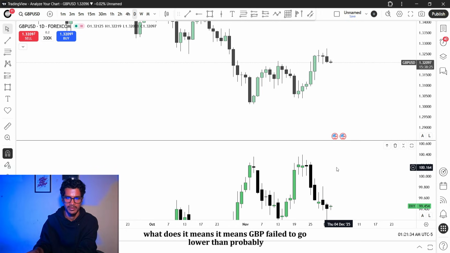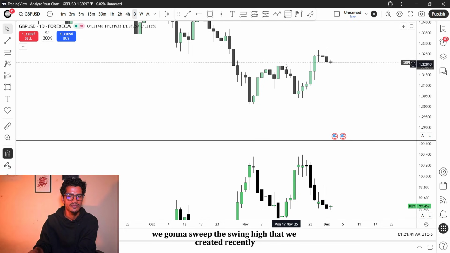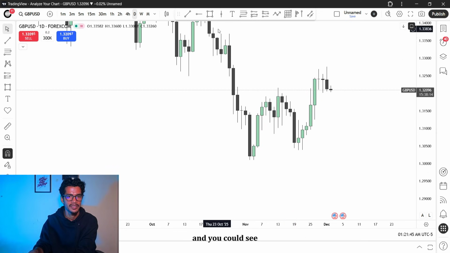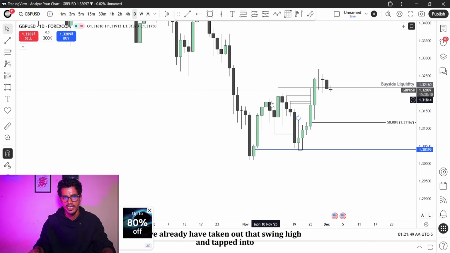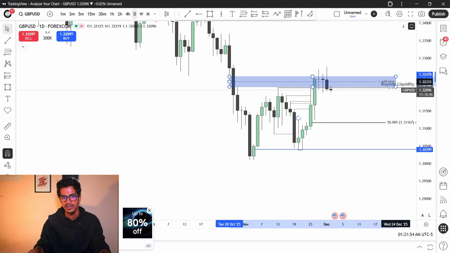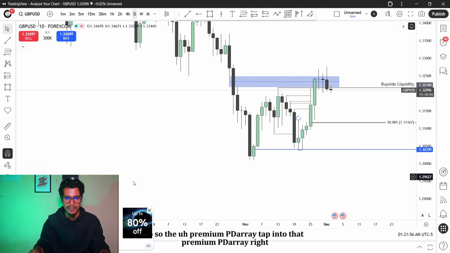What does it mean? It means GBP failed to go lower, then probably we're going to take the swing high that we created recently, and you could see we already have taken out that swing high and tapped into some premium PDRA.